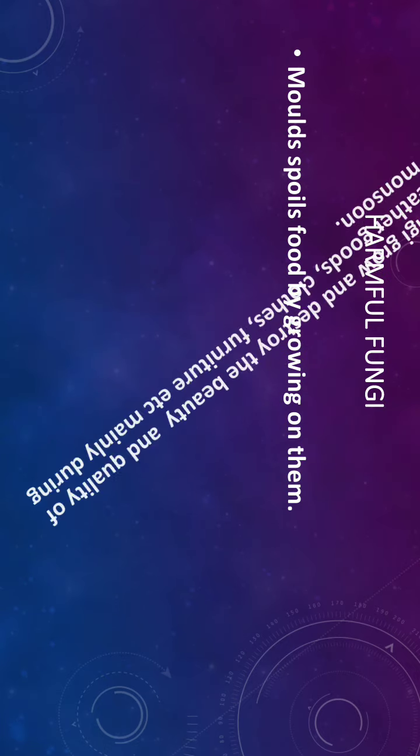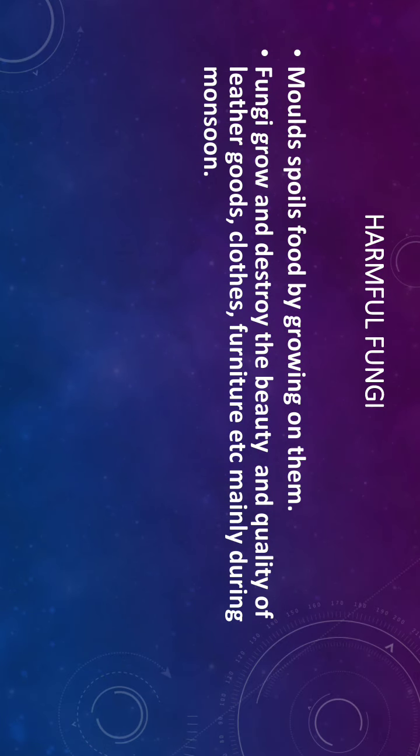Next, fungi grow and destroy the beauty and quality of leather goods, clothes, furniture, etc., mainly during monsoon. During the monsoon season, we generally observe a thin white layer of fungi formed upon these items, and they destroy the beauty of that item.